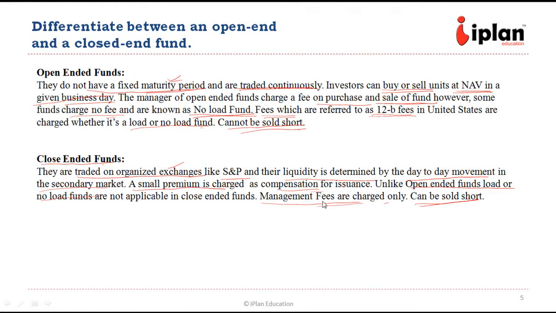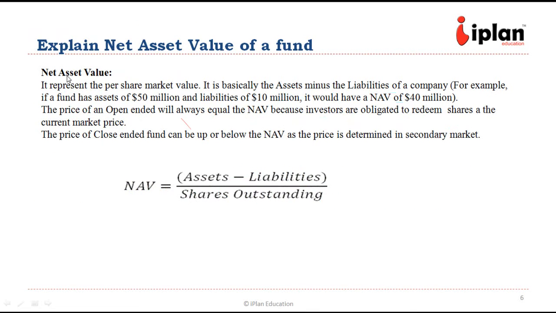Now let us move to the next concept, net asset value. We look at the mechanism to calculate the net asset value of a fund. So net asset value or NAV represents per share market value of a particular fund, which is nothing but assets minus liability for that company.